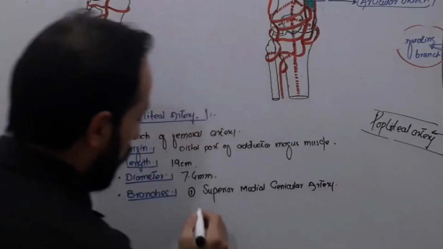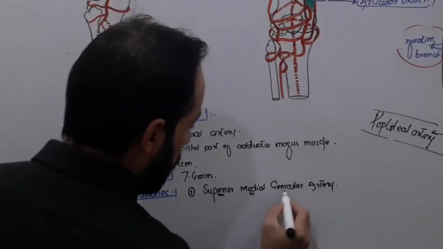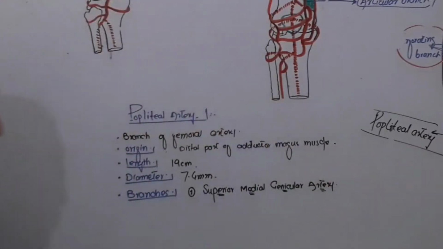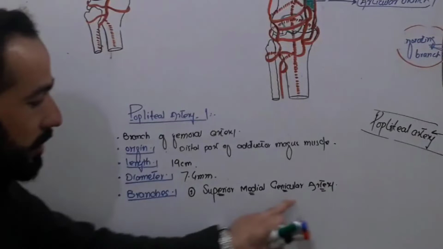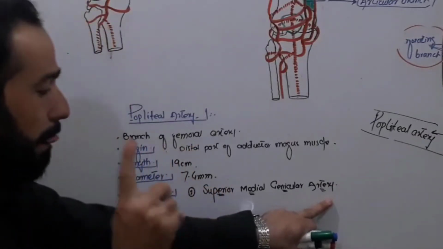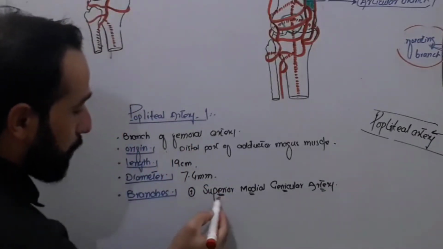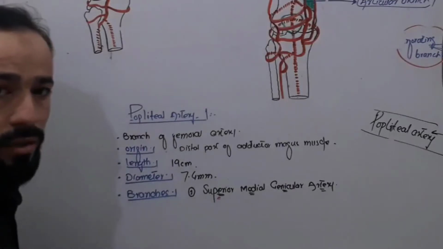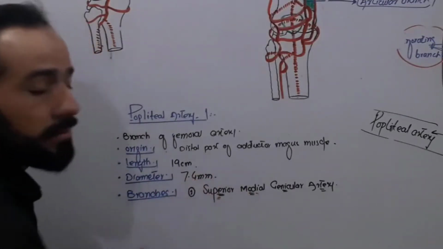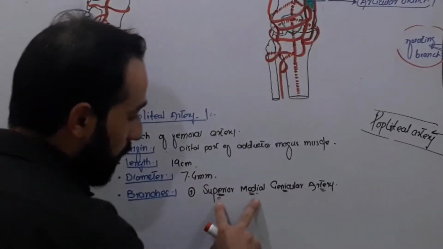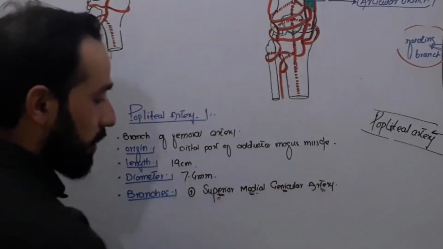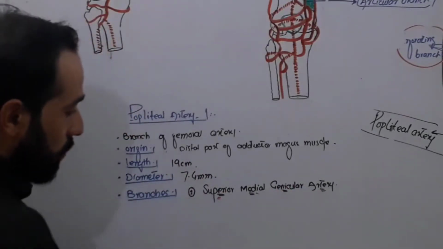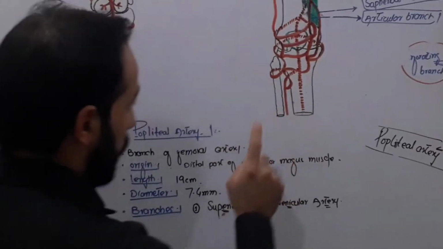I hope when you watch this lecture completely, you will remember all those branches easily. So, superior medial genicular artery, look carefully. First of all, there is the word superior, which means up. Then there is medial. So you have to remember these two things. Genicular artery is the same for all, right? So superior medial, let's see, friends.